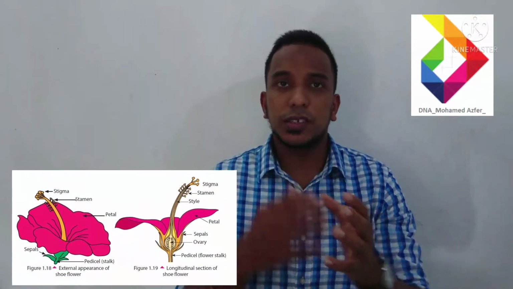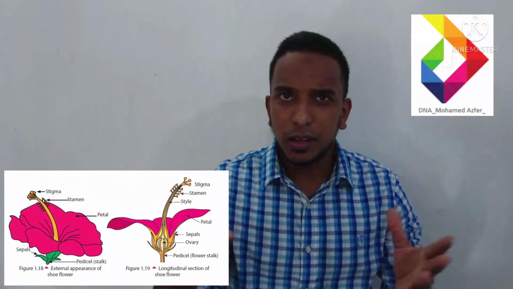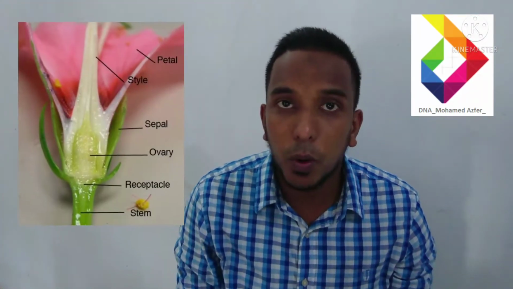Just ask your brothers, sisters or uncles to get you a big shoe flower. Then, using a blade, you can slice that shoe flower in a longitudinal section. You will get something similar to the image shown in figure 1.19.